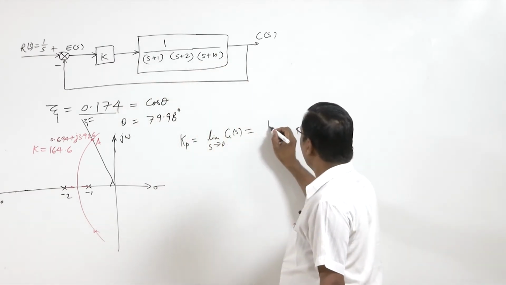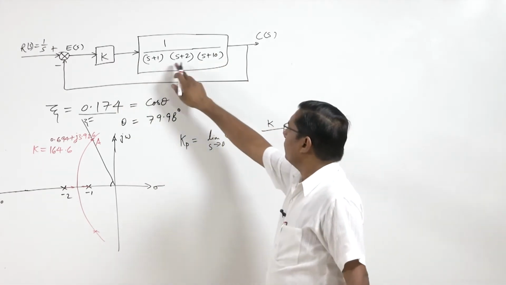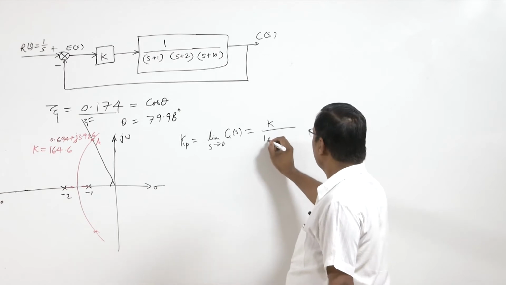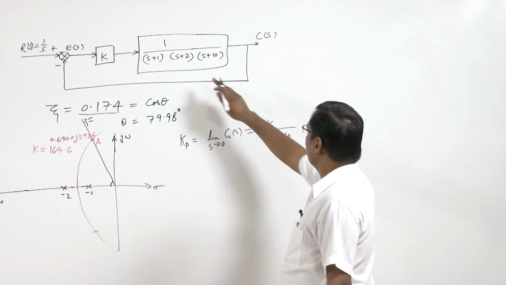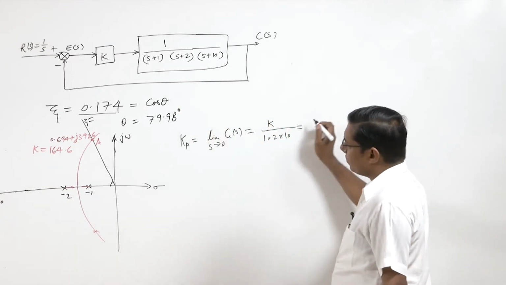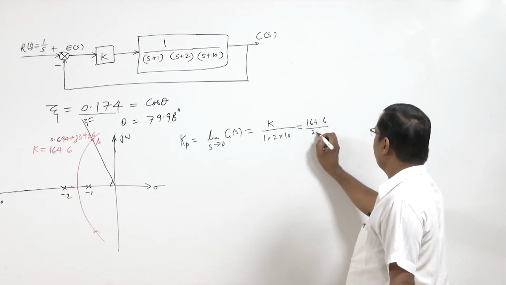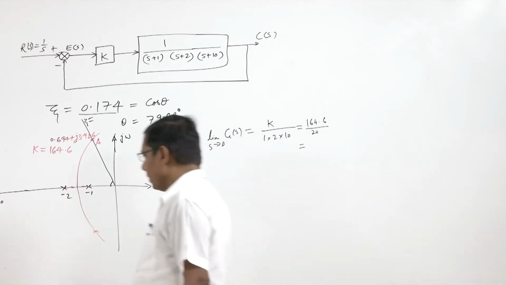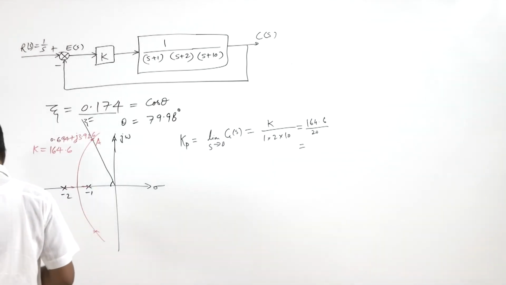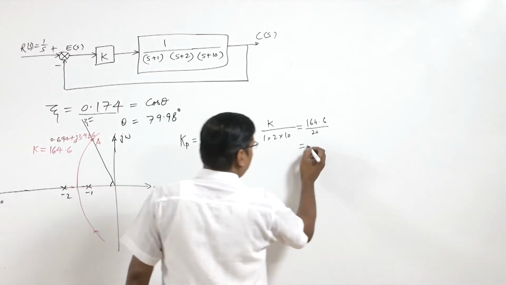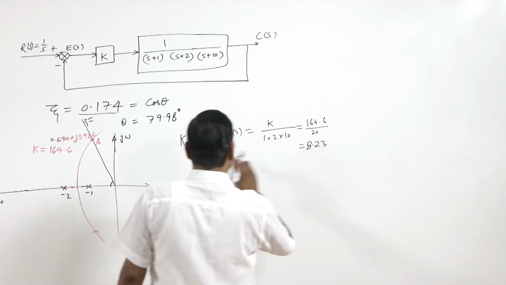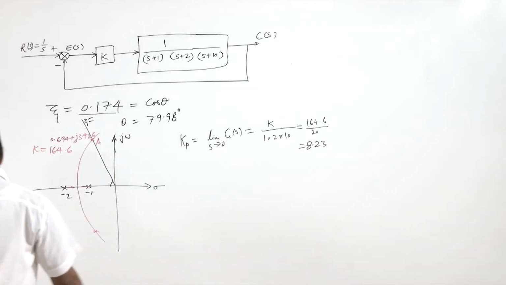So K upon 1 into 2 into 10, because s is 0, and K is 164.6, so 164.6 by 20. We are getting Kp as 8.23.